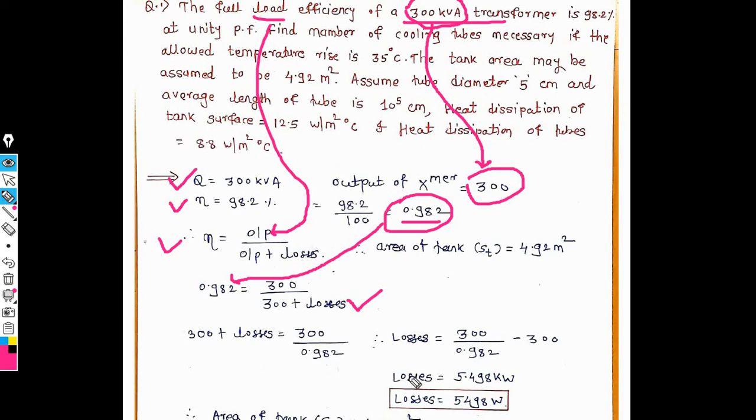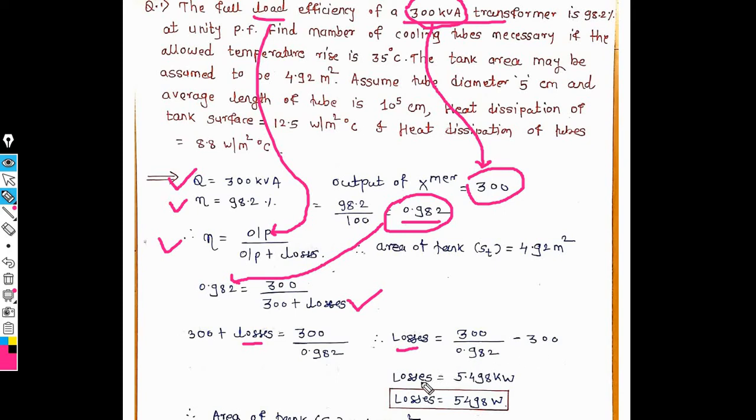Then this term shifts to the left hand side and this term to the right hand side, that is 300 plus losses is equal to 300 upon 0.982. Rearranging the equation for losses, losses is equal to 300 upon 0.982 minus 300.